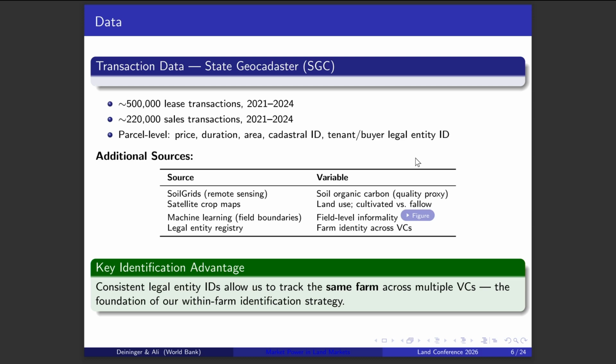One key identification advantage is the unique legal ID that allows us to track the same farmer across multiple village councils, which is the foundation for our within-farm identification strategy.